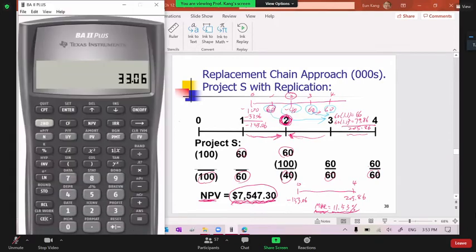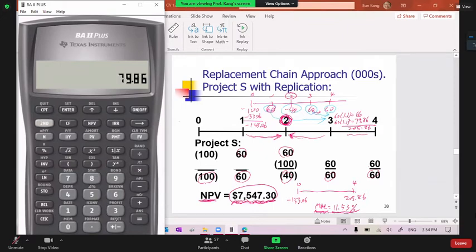Let me check one more time. 60 plus 66 plus 79.86. 205.86, yeah. 60 times 1.1 is 66, right? And 60 times 1.1 cubed, 79.86. So that's pretty strange. 1.1 to the third, like this, times 60.